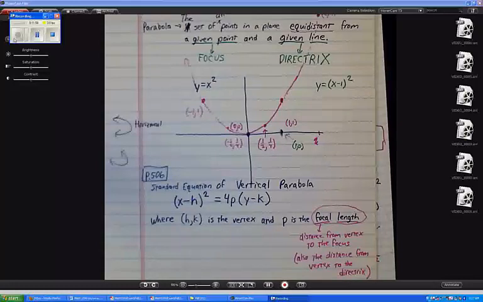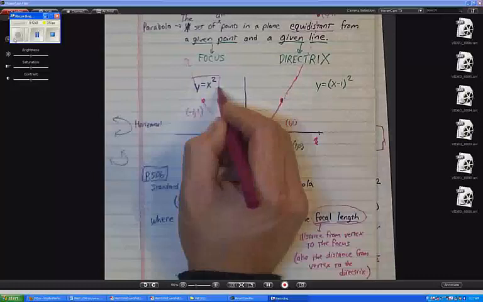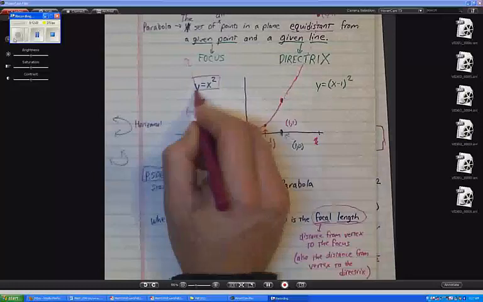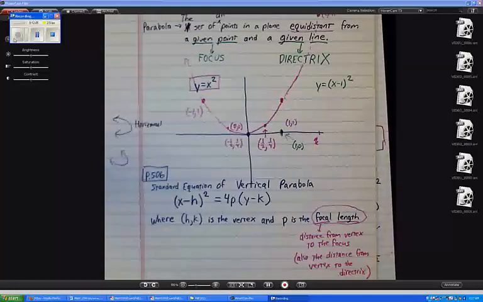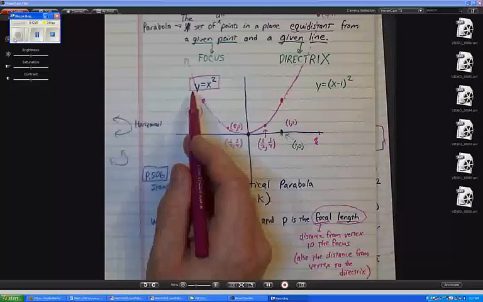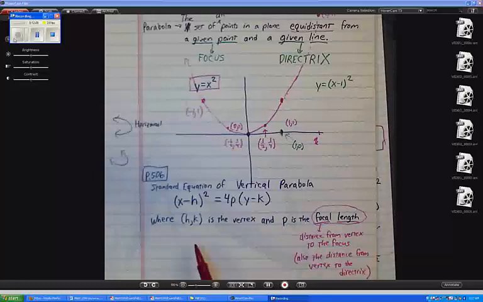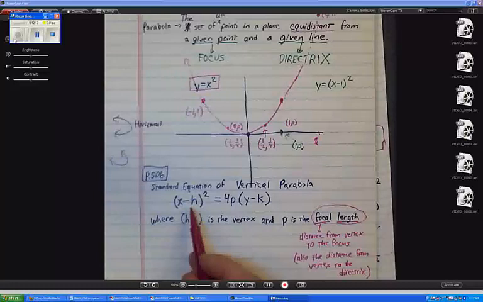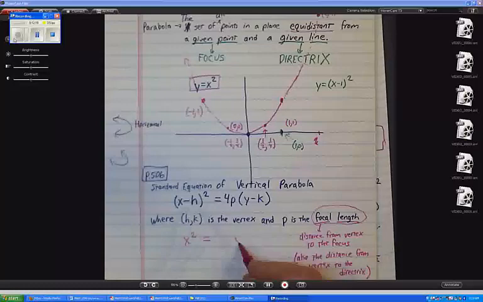But I think what we ought to do is take this equation. We had y equals x squared, right? And let's think about that. From now on, when you have y equals x squared, if you want to write it like the book does, how would I write it? I guess I would write x squared equals y, right?